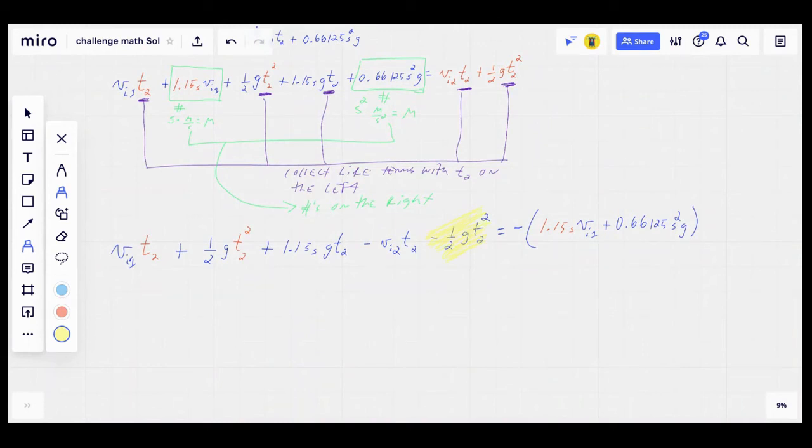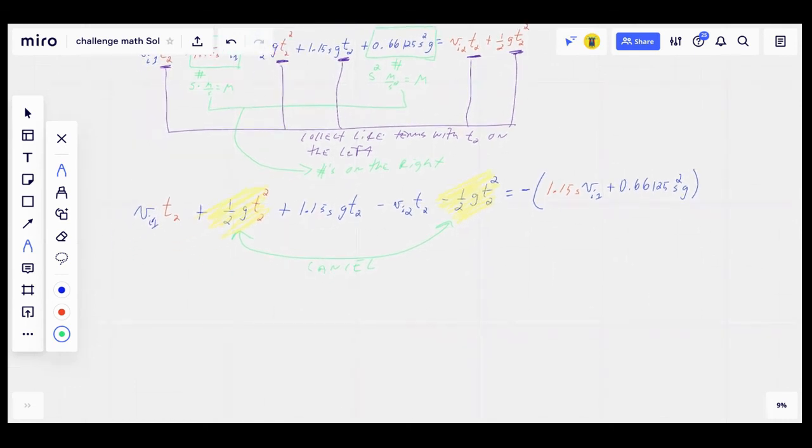Okay? So what that means is that this and this, they cancel each other out. So I'm just doing some simplification right now. All right, so this will help me get this a lot neater.